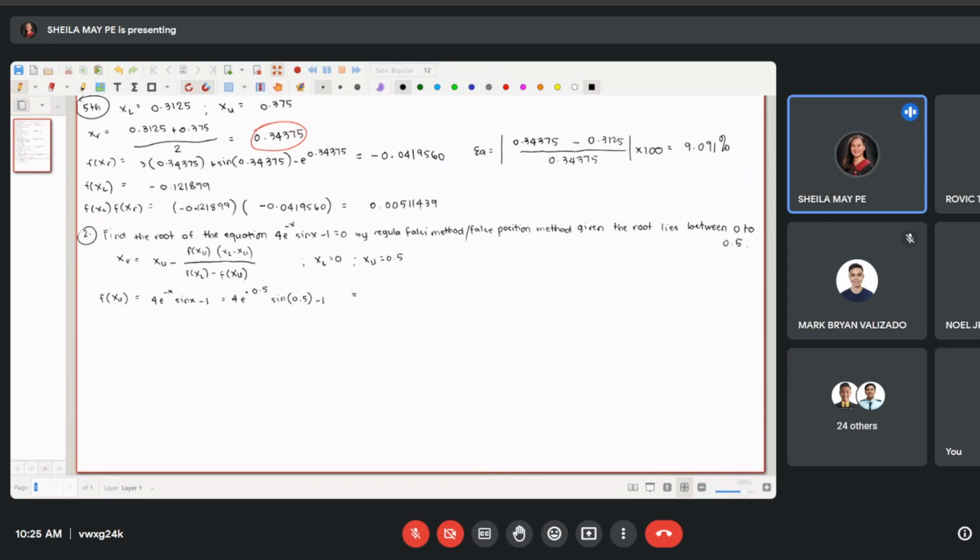That's 0.16. 246. Okay. And our function of x sub L, so that's -1.